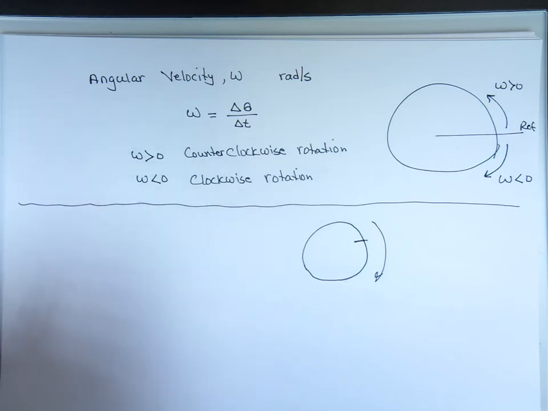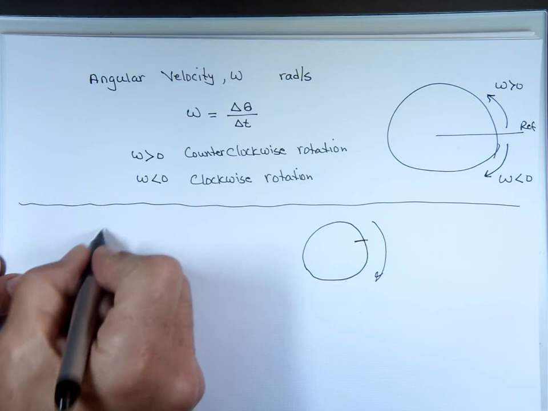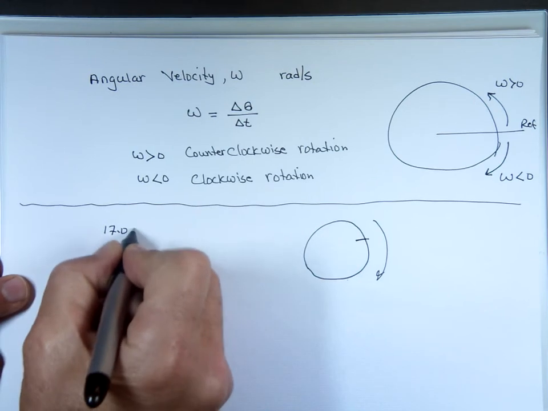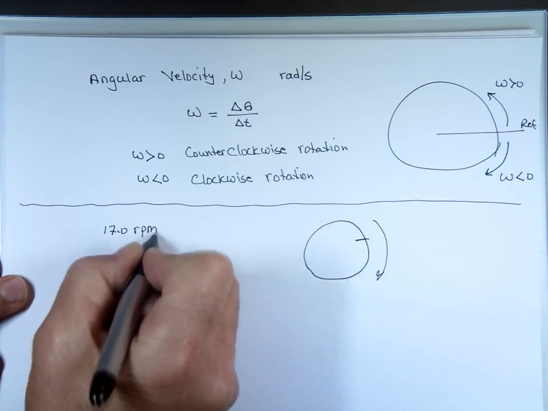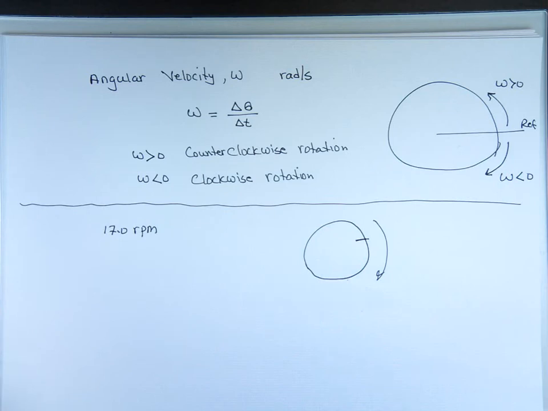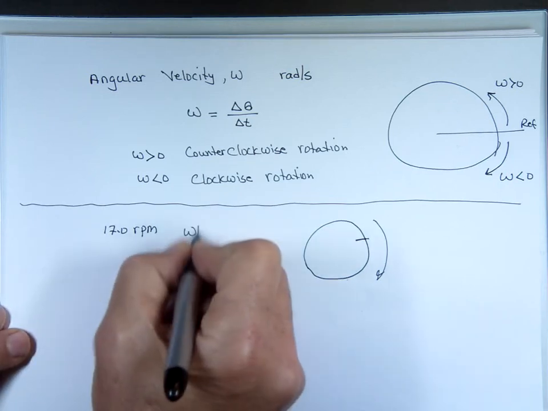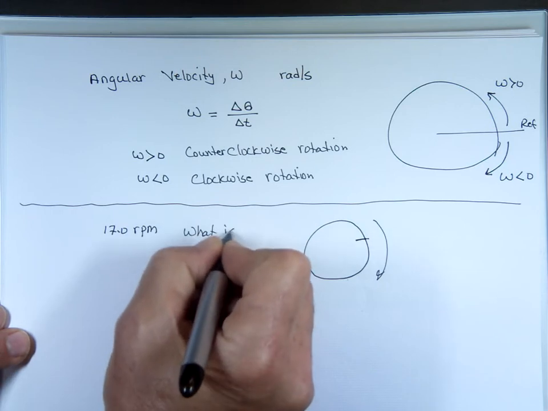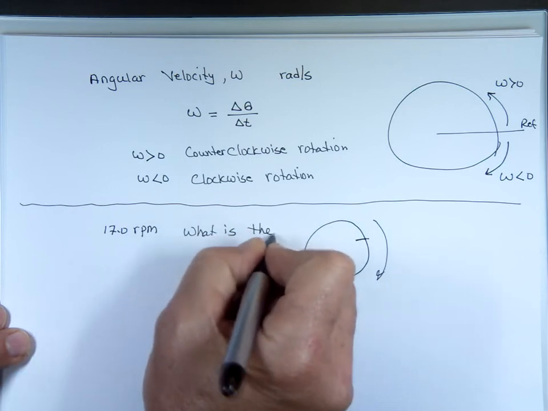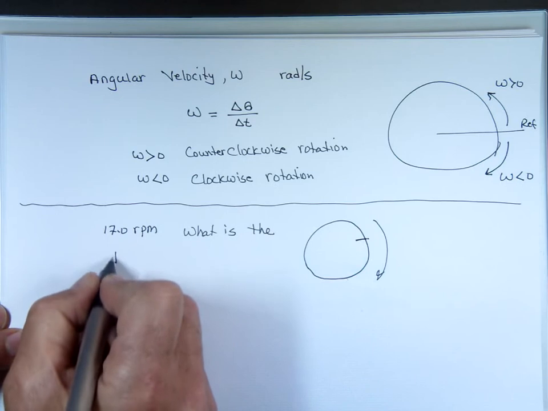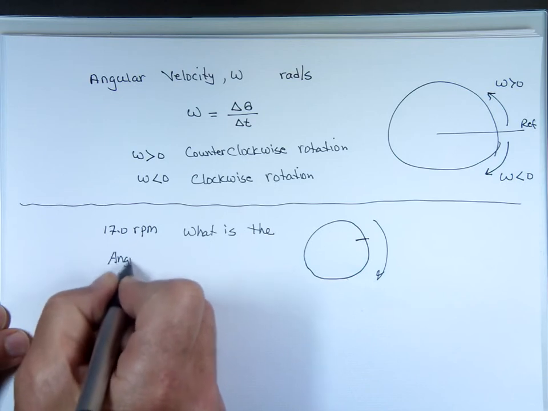It's spinning at the rate of 17.0 RPM. The question: what is the angular velocity? So the angular velocity is 17 RPM.